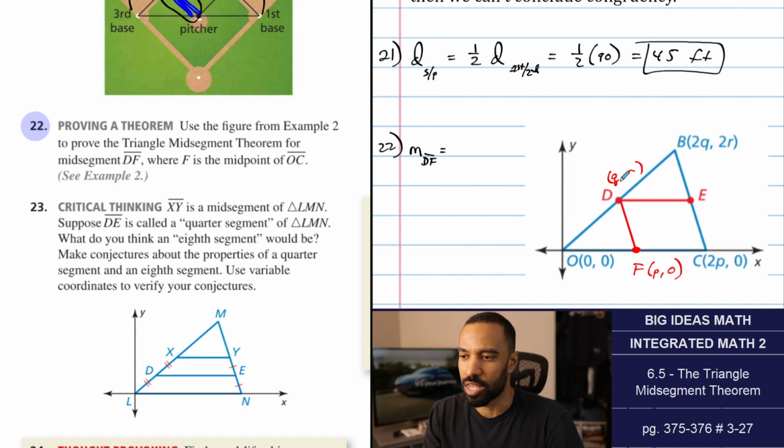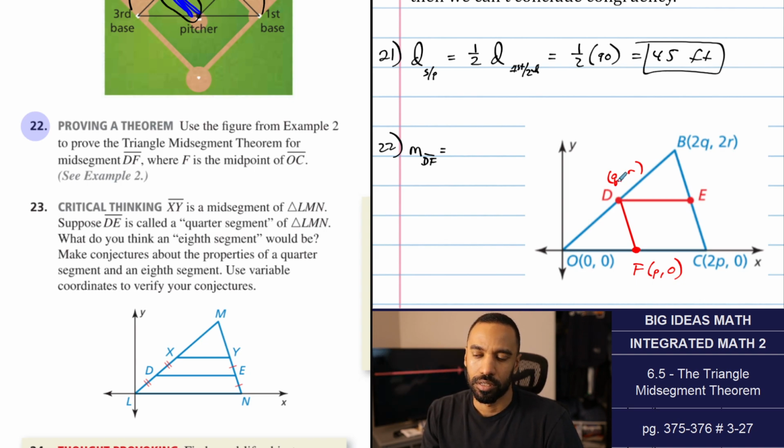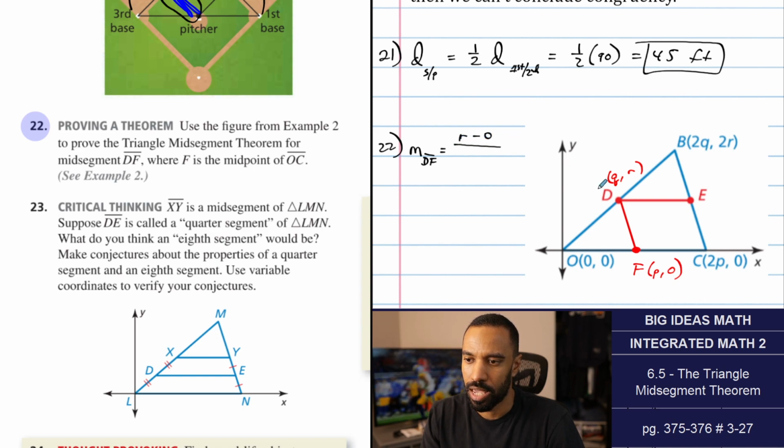So the slope of segment DF, this is where I actually have to get a little more mathy. So y2 minus y1 is r minus 0. I want to find the distance from r to 0 and the distance from q to p, y2 minus y1 over x2 minus x1. So q minus p, like that. So it's going to be r over q minus p.